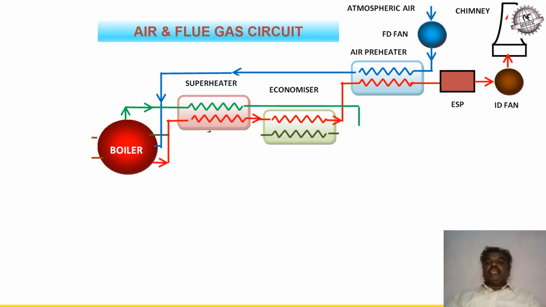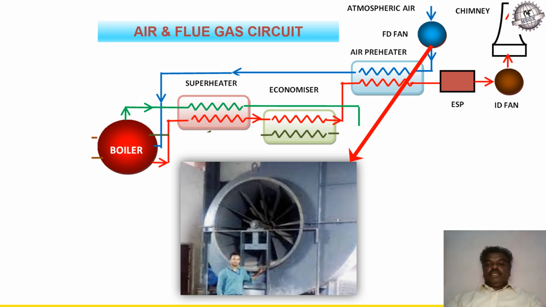The circuit basically starts with a forced draught fan. The term draught means the pressure difference which is required to move the column of air through the different parts of the circuit. Air has mass.